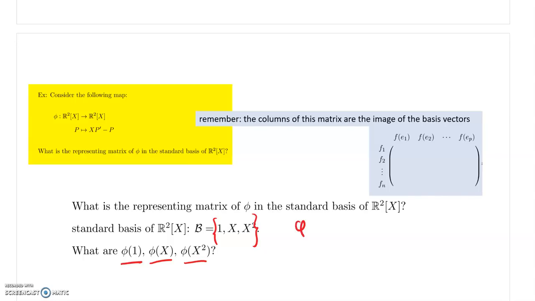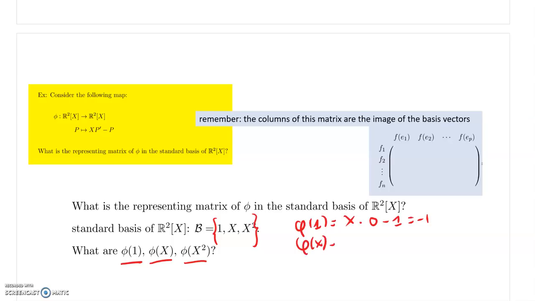Phi of 1. Phi of 1 is going to be x times p prime, which is 0 if p is equal to 1, of course, its derivative is 0, minus p, so minus 1. So phi of 1 is negative 1, the constant polynomial equal to negative 1.